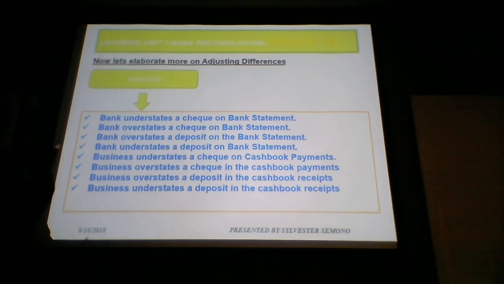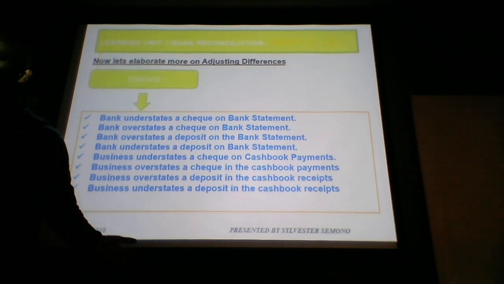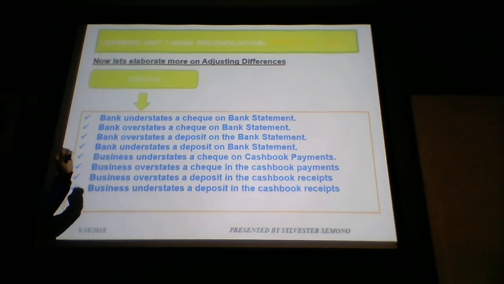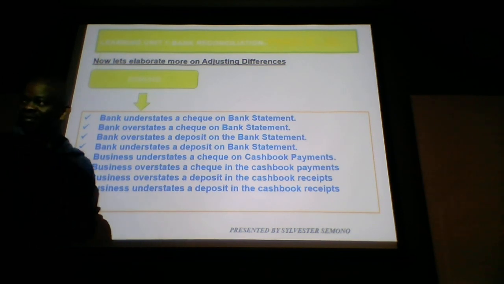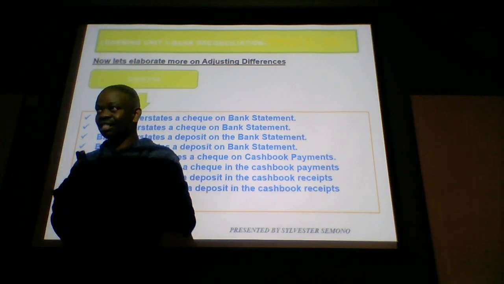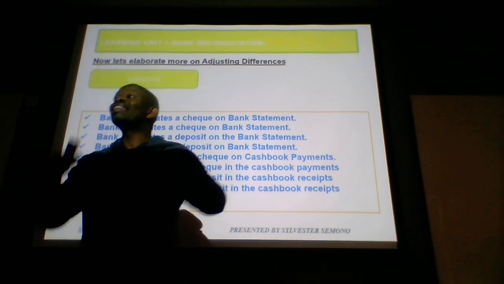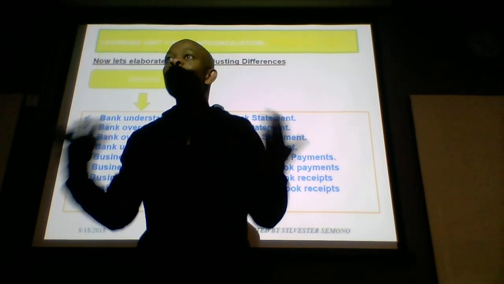Guys, as I said, the problems always come with what? But errors are problems, eh? That's what I'm saying. So, when you find an error, you need to ask yourself, between us as the business and the bank like ABSA, who made the error?